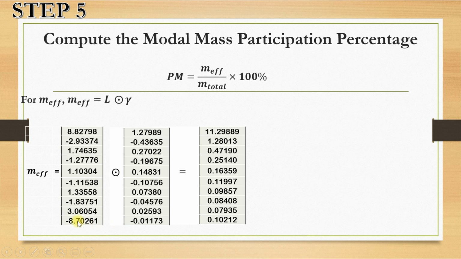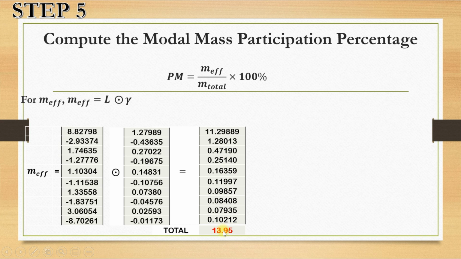So itong 10 row na ito at saka 10 row na ito, ito yung Hadamard product niya. So, 0.102112. So, pag i-sum natin itong lahat na ito from dito sa row 1 hanggang row 10, makukuha natin ang sum na 13.95.